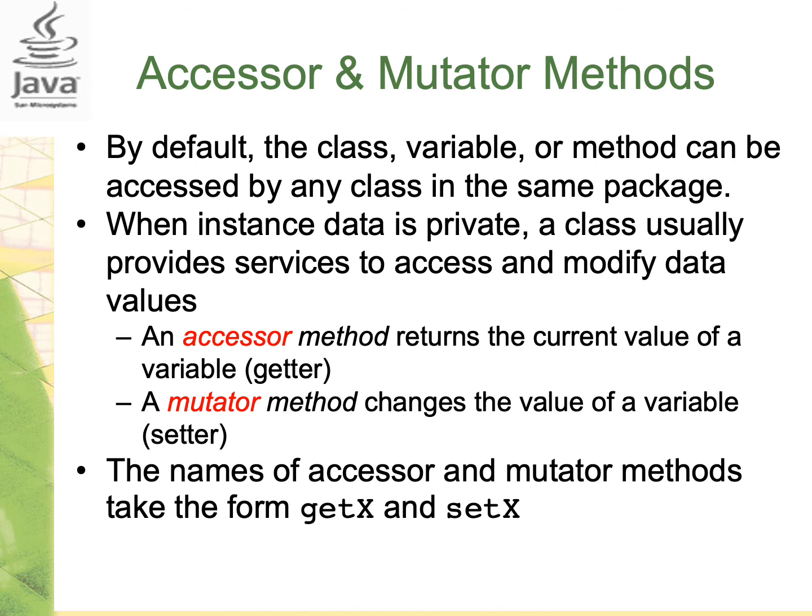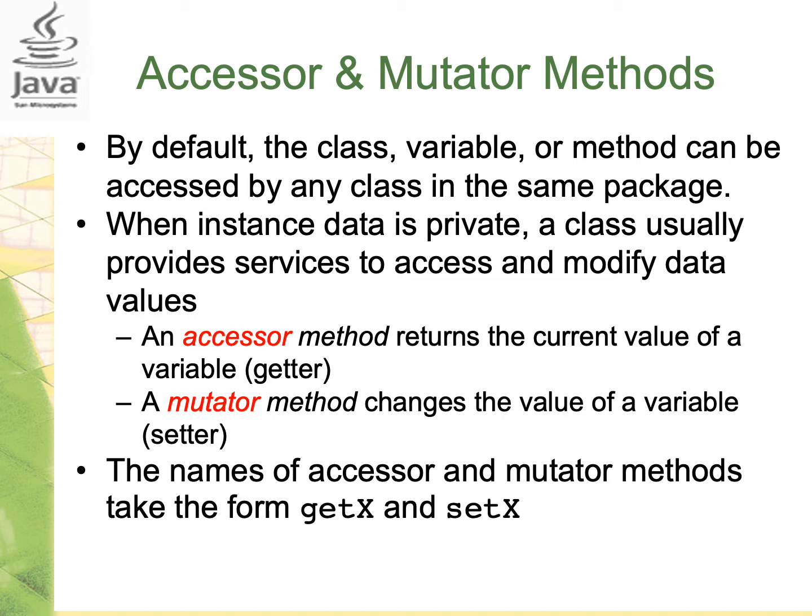Accessor and mutator methods. By default, the class variable or method can be accessed by any class in the same package. When instance data is private, a class usually provides services to access and modify data values. The get and set methods are used to read and modify private properties. An accessor method returns the current value of a variable.